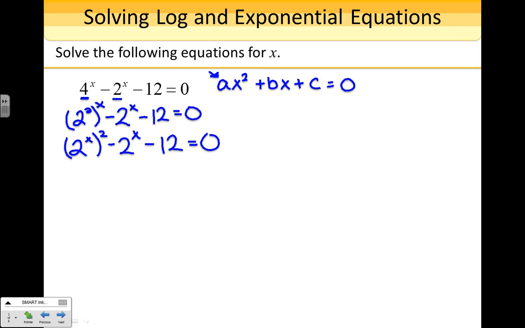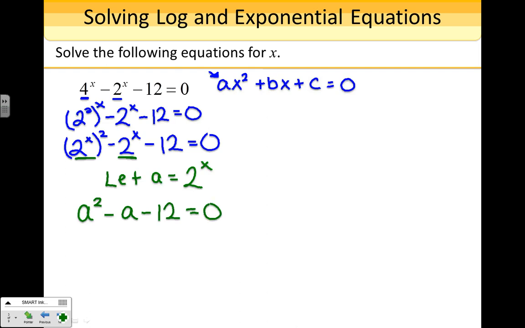So what have we done in the past when it looks similar to a quadratic, but it's not exactly a quadratic? What we've done in the past is use substitution. So I'm going to let a equal 2 to the x. Everywhere I have 2 to the x, I'm going to replace it with a. So I have a squared minus a minus 12 equals 0. So now I do have a quadratic that we can solve.